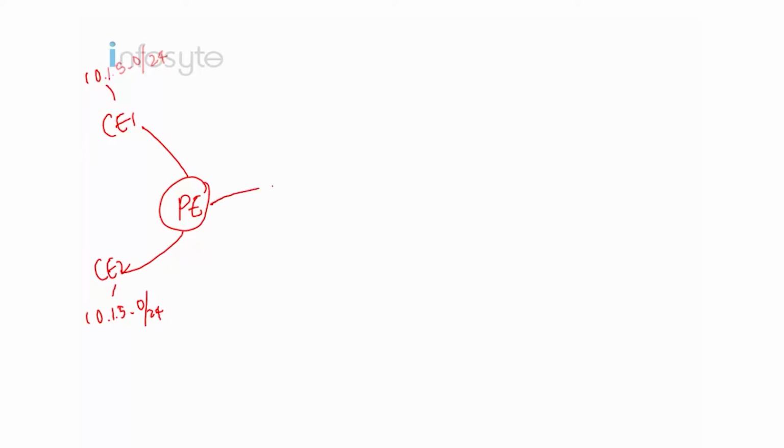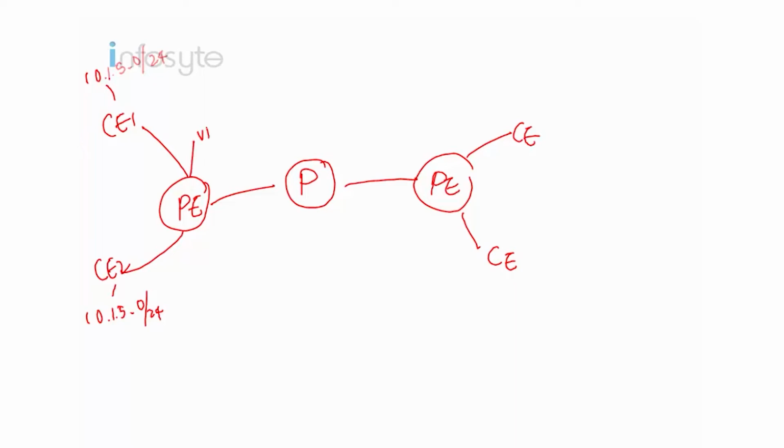This PE connects to another PE, which connects back to the customer as well. Just now we learned about the VPN instance. The VPN instance you define here, we call it a VRF. This VRF is for the PE equipment to distinguish the routes it received from CE1 and CE2.